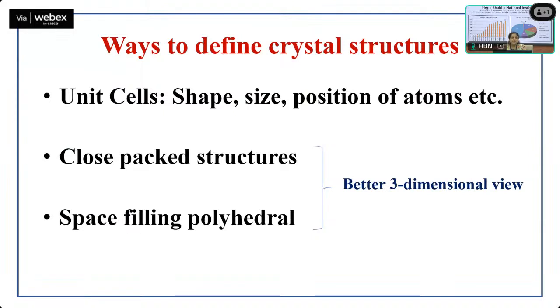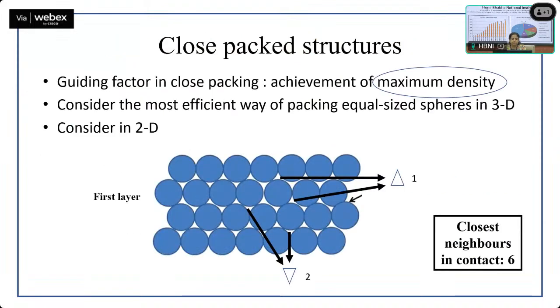While the first strategy, that is imagining and learning about the unit cell, gives you a more accurate idea of where the atoms are placed, the close packed structure and space filling polyhedra help us get a better three-dimensional view of how the crystal structure looks. That is why various ways are adopted to define the crystal structure, and we use any one of them as per our convenience.